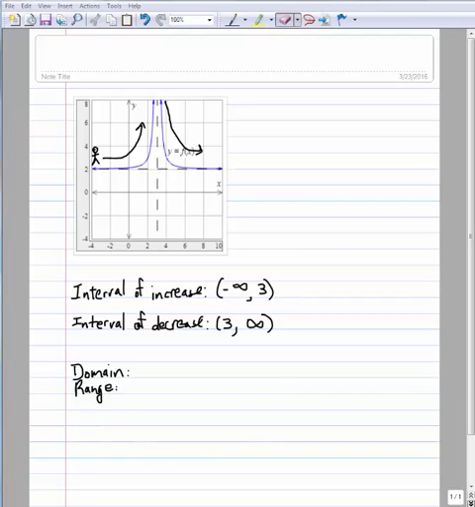Now the domain and range is kind of similar. Let me erase the stuff we drew on the graph because we're going to need to do some things here again. What you do for domain and range is start out on either the x or y axis at the smallest value. So we go all the way to the left as far as we can on the x-axis to determine our domain, or to start to determine it.